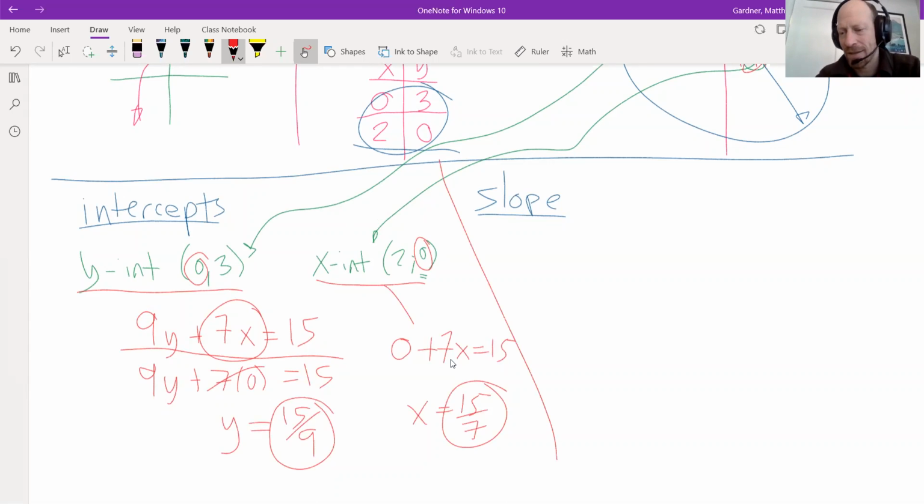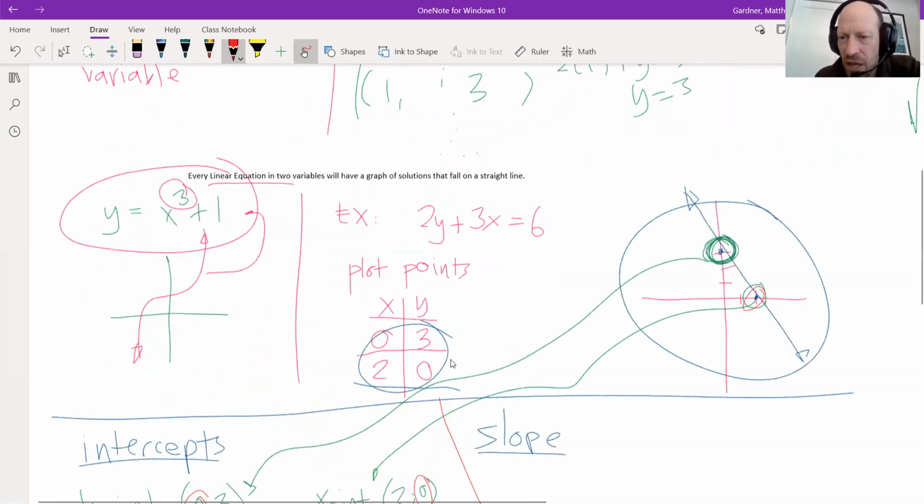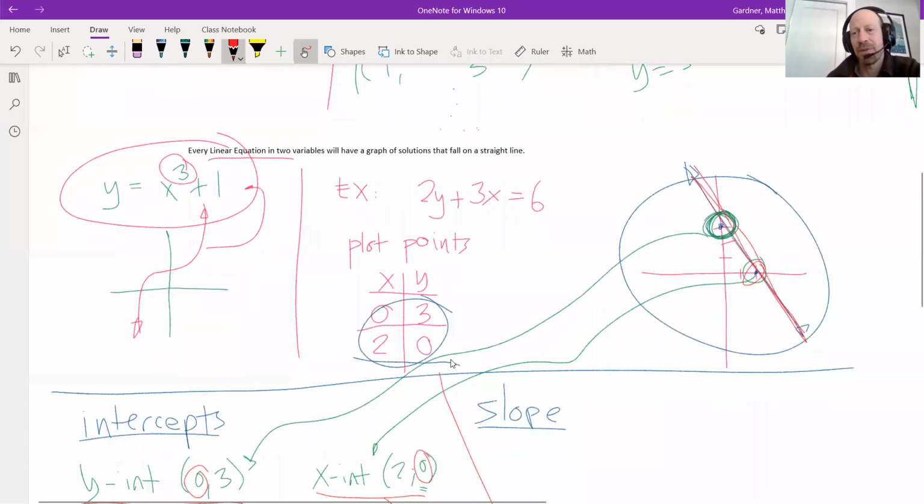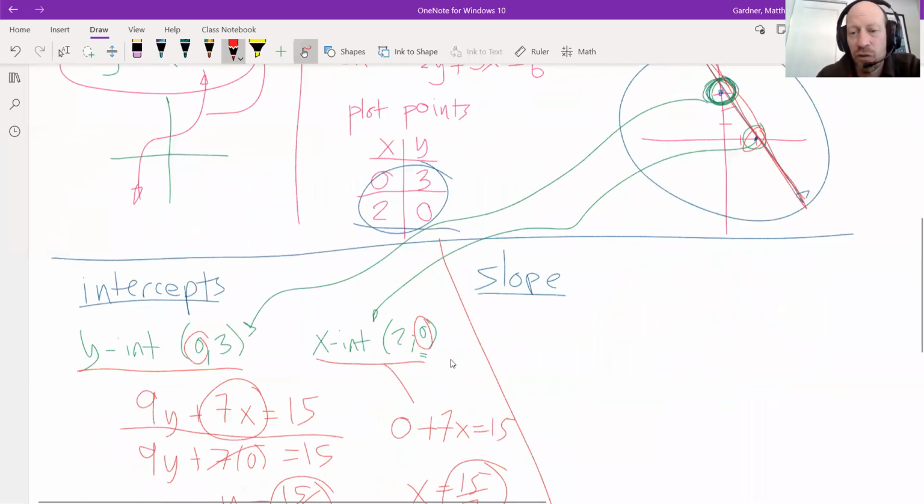Okay, so the last topic I want to introduce here is slope. Slope is a measure of the angle of the line. Like this line that I have here is heading kind of downward from left to right, and we want to be able to describe that with a mathematical measurement of slope.